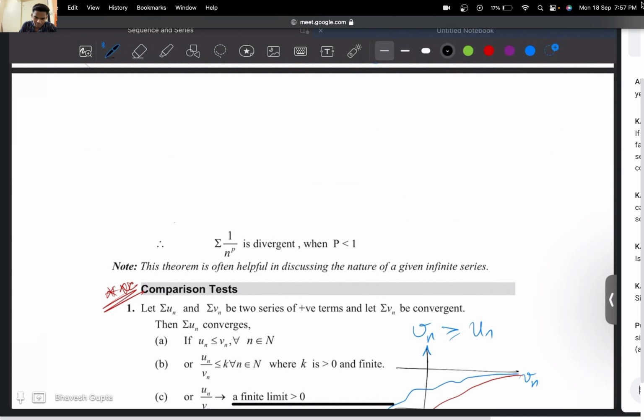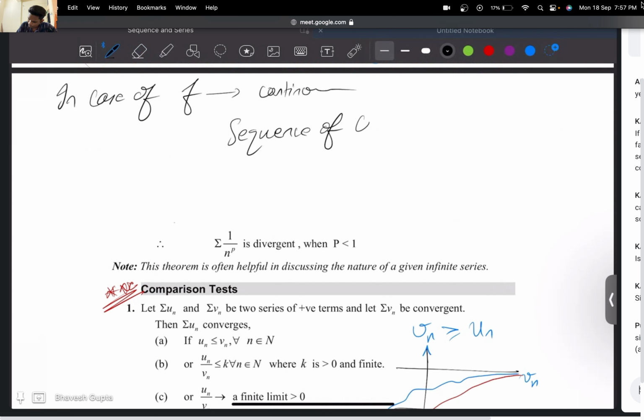In case of continuous functions, or a sequence of continuous functions, can we say that when infimum is equal to supremum, then the left hand limit is equal to the right hand limit?